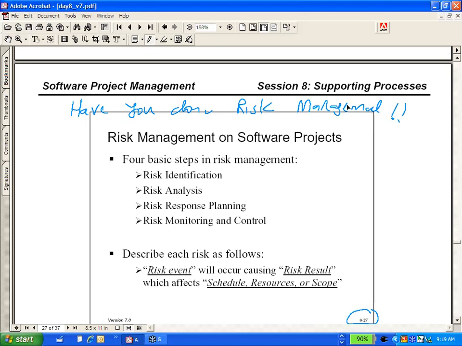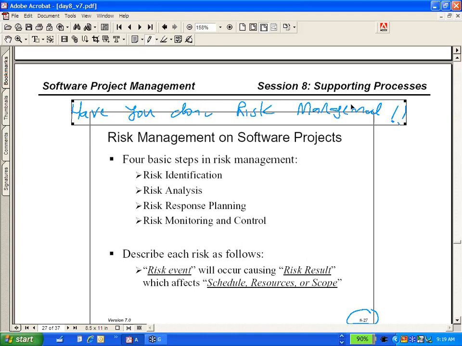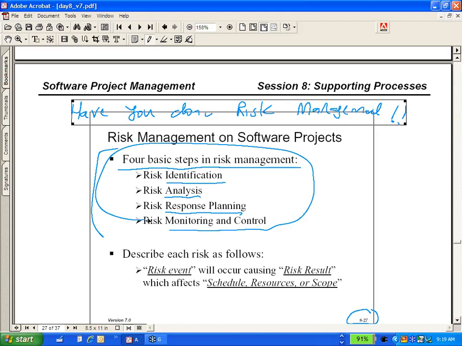Good. Then the next question is, tell me about it. How do you go about doing risk management? Well, then you'll say there are 4 basic steps in risk management. You'll have to memorize this: risk identification, risk analysis, risk response planning, and risk monitoring and control. You've got to memorize this.